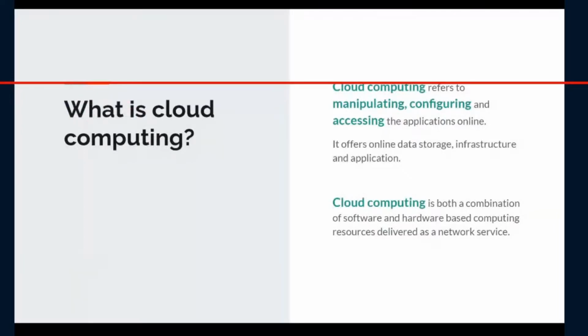Cloud computing is the on-demand delivery of IT resources over the internet. Cloud computing refers to manipulating, configuring, and accessing applications online. It offers online data storage, infrastructure, and applications. It is also a combination of software and hardware-based computing resources delivered as a network service.